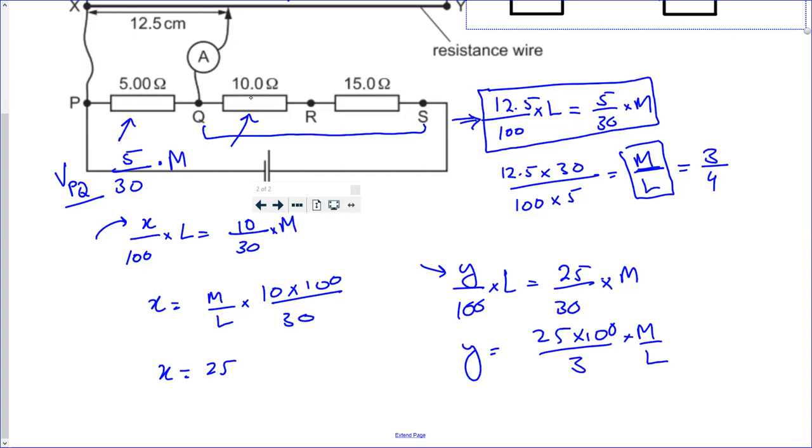For Q to S, what's the resistance for this whole path? They are not asking Q to R or R to S. This is Q to S.